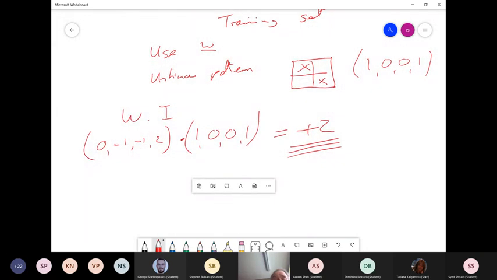Now, as an exercise, take all the patterns on a 4x4 array. The universe of patterns is going to be how many? How many patterns can I display on a 4-bit binary array?